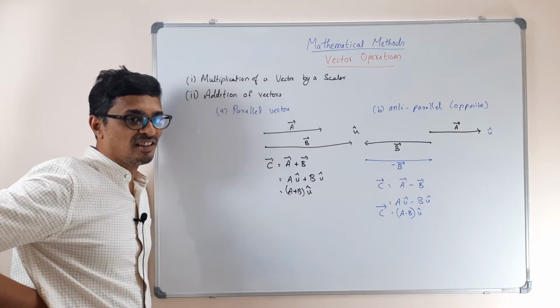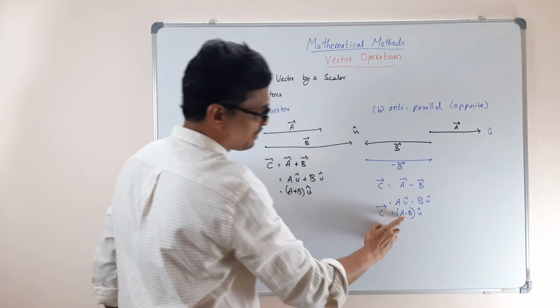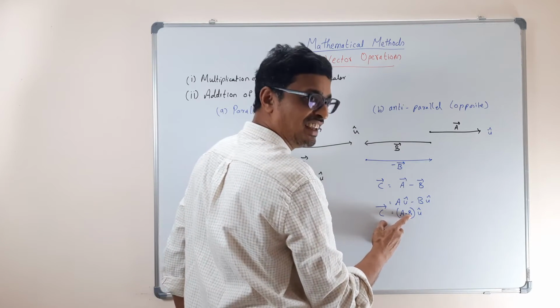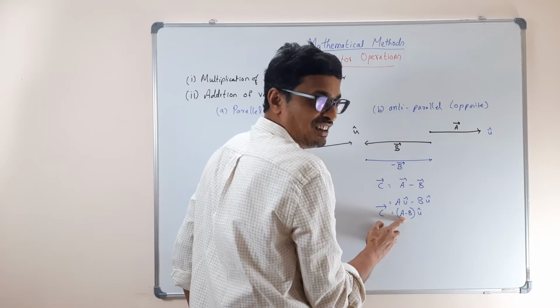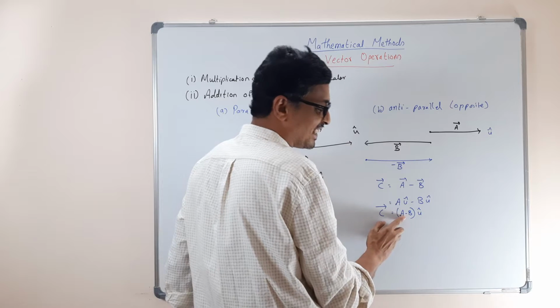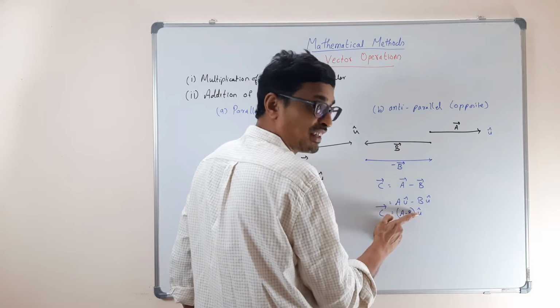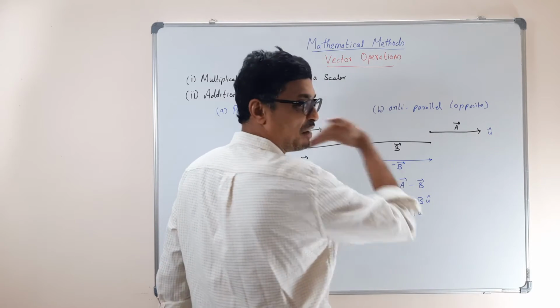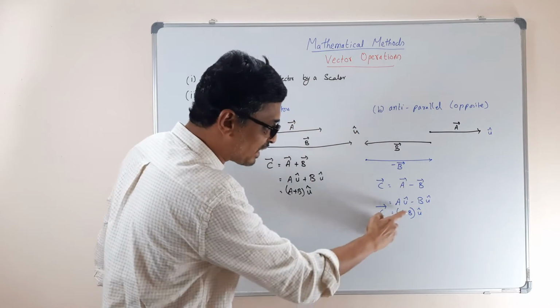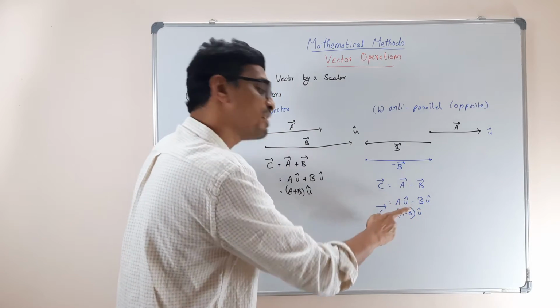No, it depends on A minus B. See what happens if A is larger than B: then it is positive, and it will have the direction of the u vector. But if B is larger than A, then this is going to be negative. The minus of the vector is the opposite vector, so its direction is opposite. So C can be either in the plus u direction or the minus u direction.